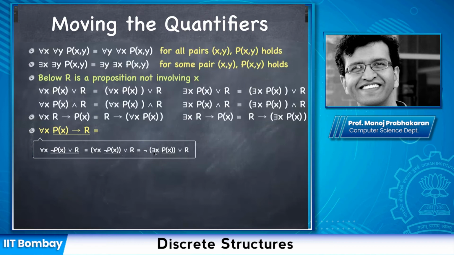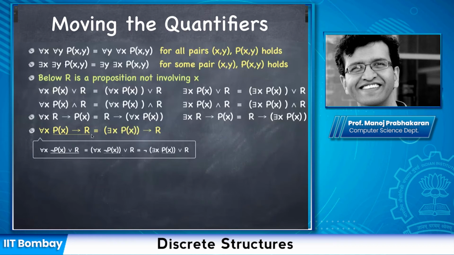Remember from our equivalent of De Morgan's law here, there exists x Px. If you negate, you get for all x not Px. So that is what this is, for all x not Px. So you can rewrite this as not there exists x Px, or R. And that is just saying there exists x Px implies R.